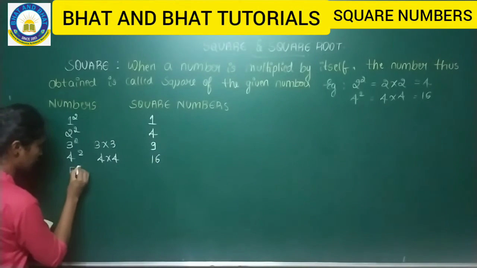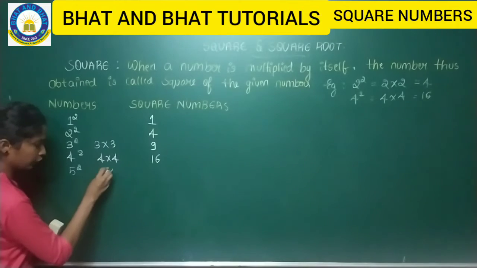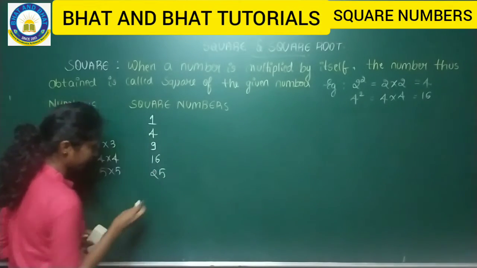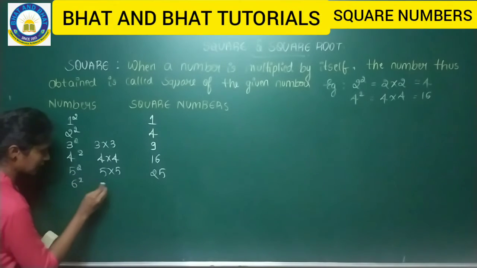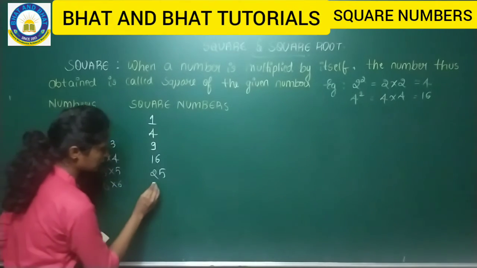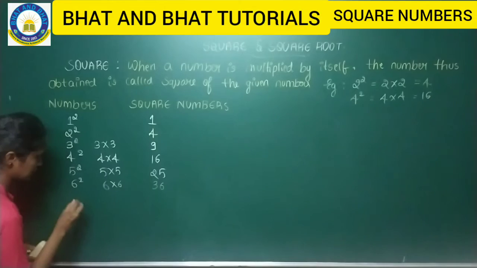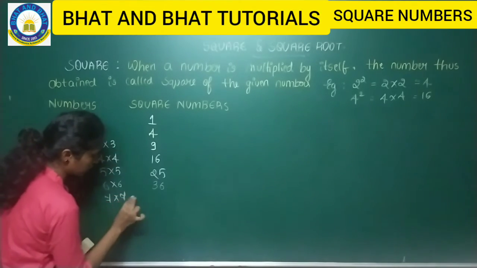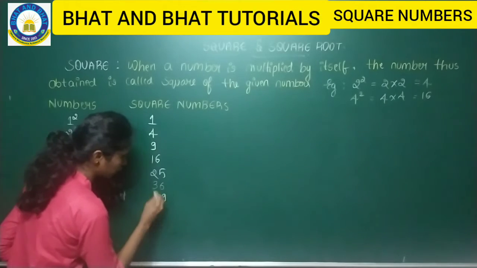Next 5 square, 5 into 5, 5 fives are 25. And then 6 square, 6 into 6, 6 sixes are 36. Now it is 7 square, 7 into 7, 7 sevens are 49.